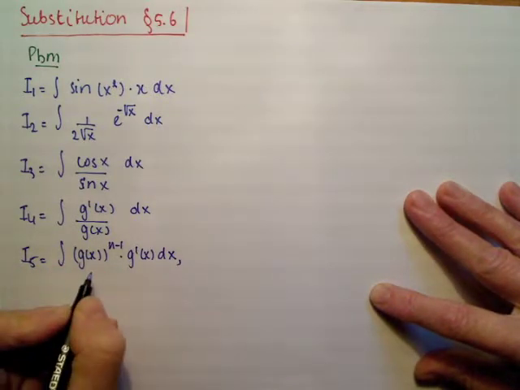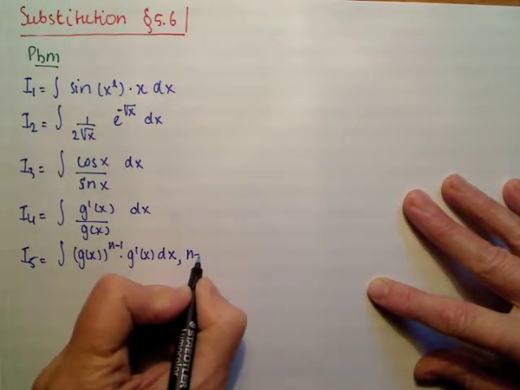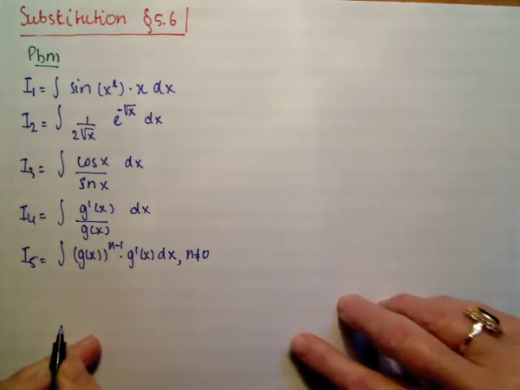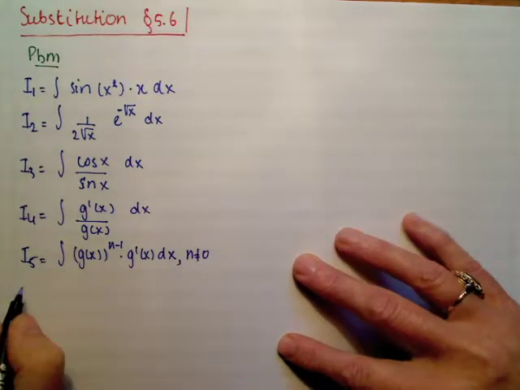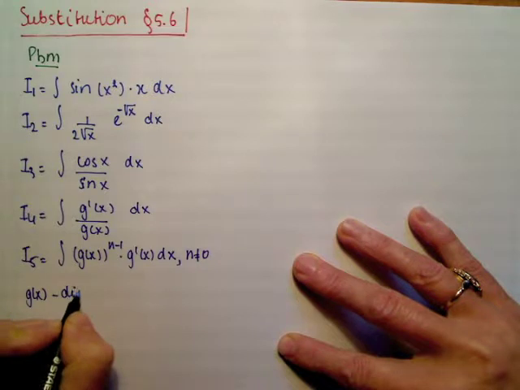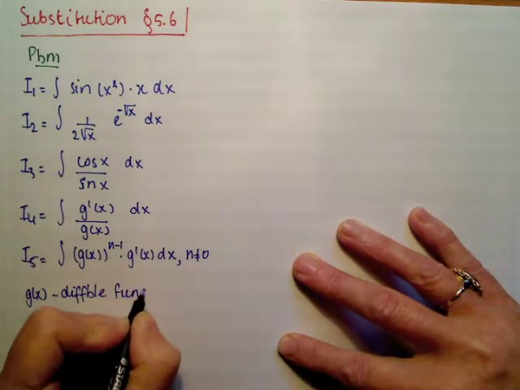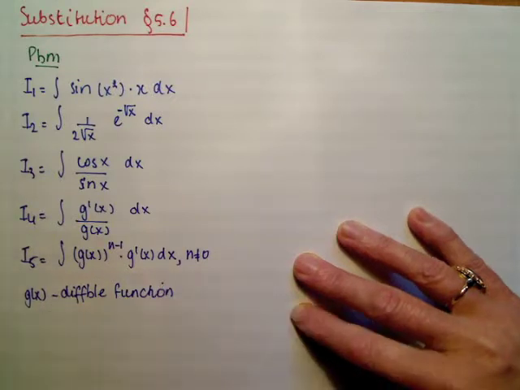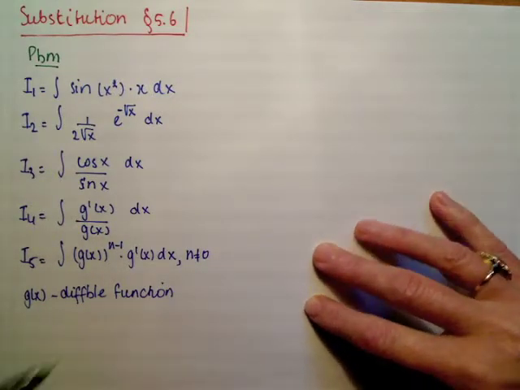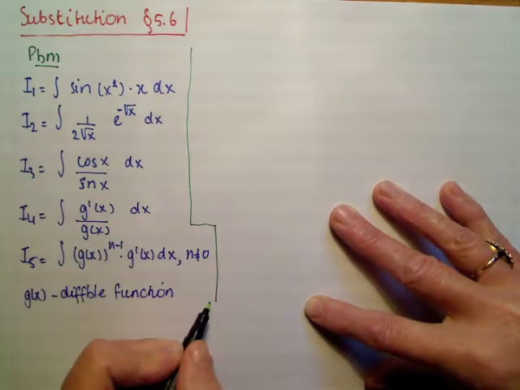And here, to differentiate from the fourth problem, we have to require n not to be equal to 0. So again, of course, g of x should have some nice form. It should be differentiable. Okay, now the question is what these problems have in common, and we will see this in a minute.